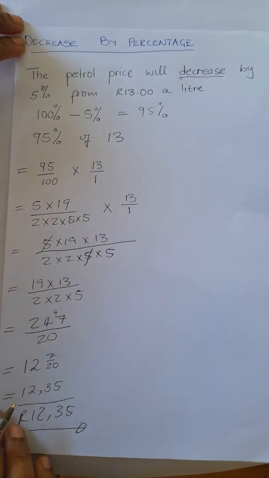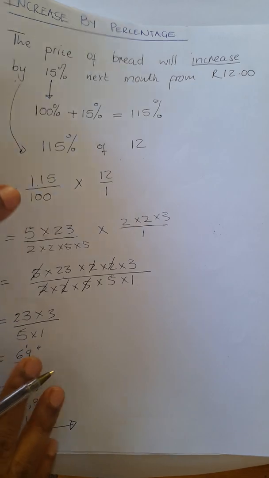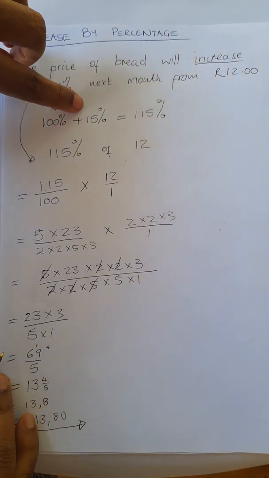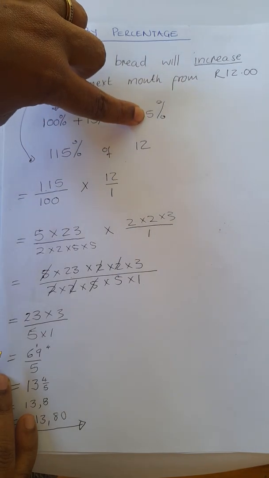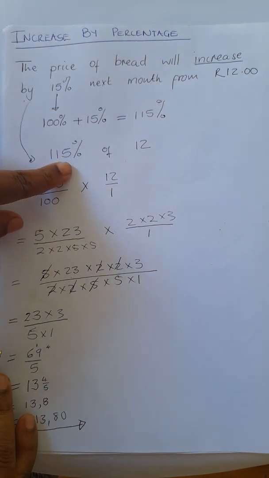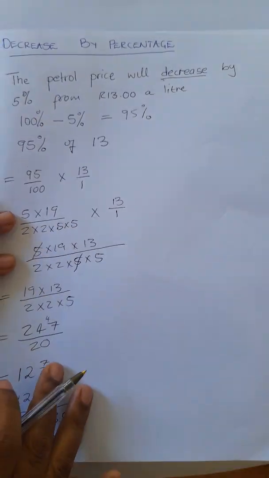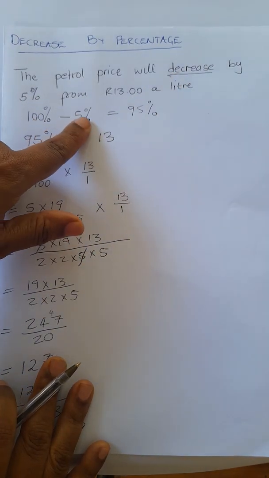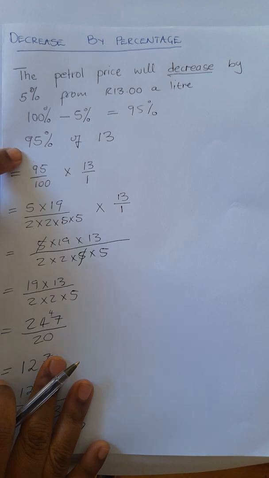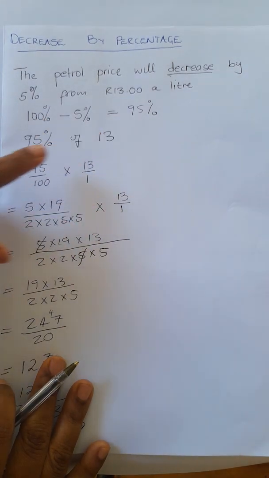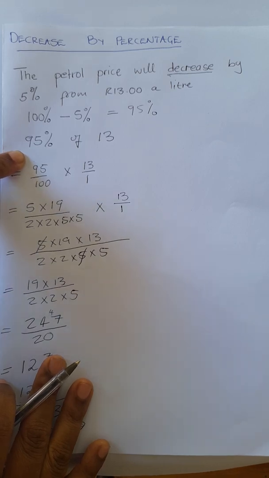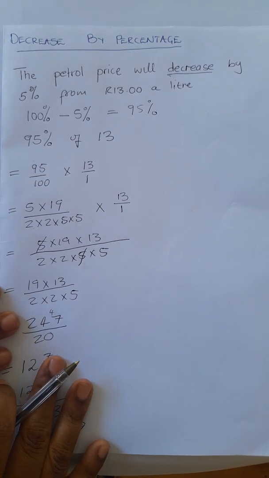So let's summarize again. Let's look at percentage increase. Percentage increase, we increase, so we add on 100, we get the new percentage, and we get the percentage of that. And percentage decrease is subtract, so we subtract the decrease from 100, and we get the new percentage, and we get the percentage of that number or that amount that we are given, following the very same steps.